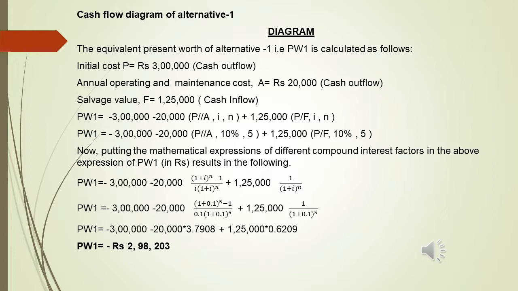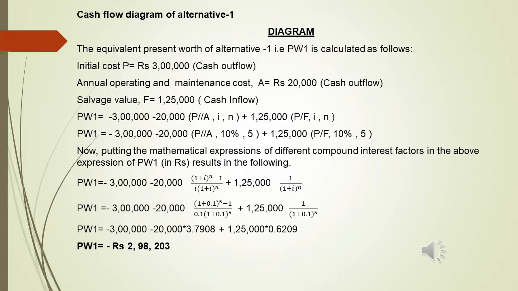I'll send you a picture, so please refer to that diagram and study it when you go through this video. The annual operating and maintenance cost is also going downwards, that is 20,000. In the cash flow diagram you have to mark upward and downward arrows. So these first two are downward arrows.